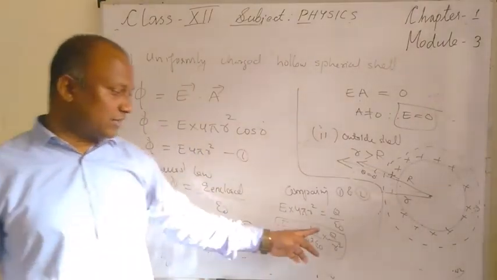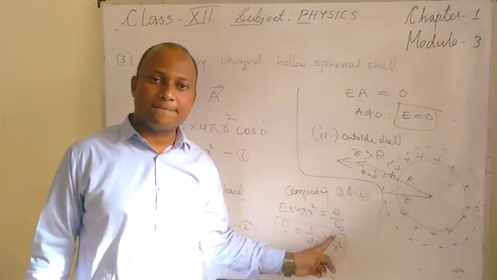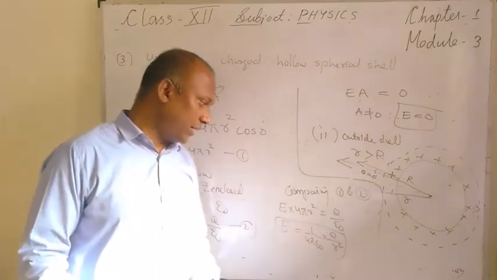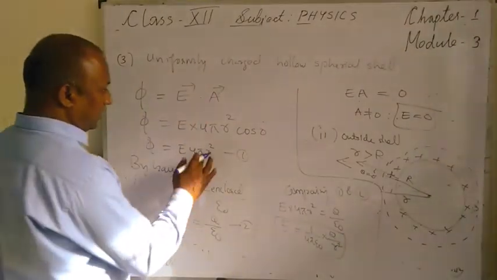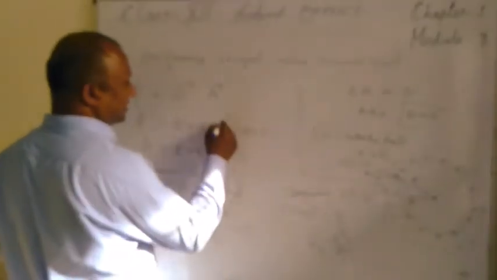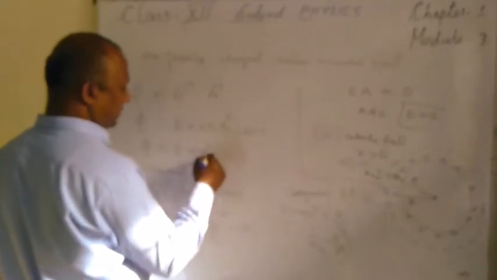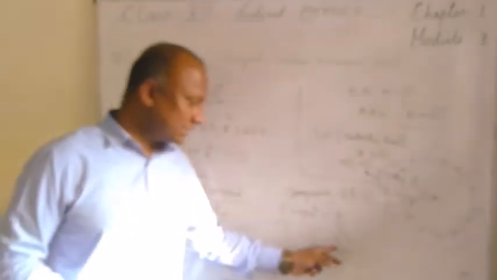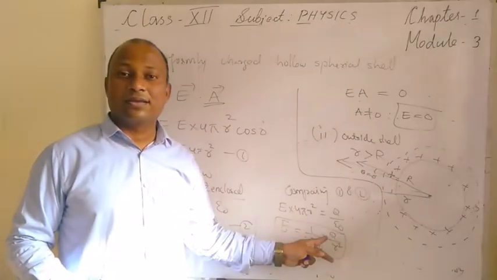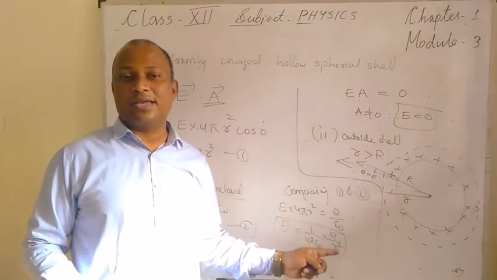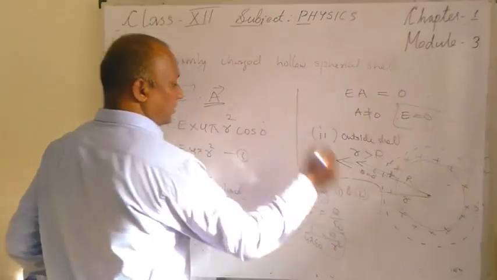And you can even convert this Q into sigma. Here the radius is small letter r, but if you go for this Q, the radius will be capital letter R.